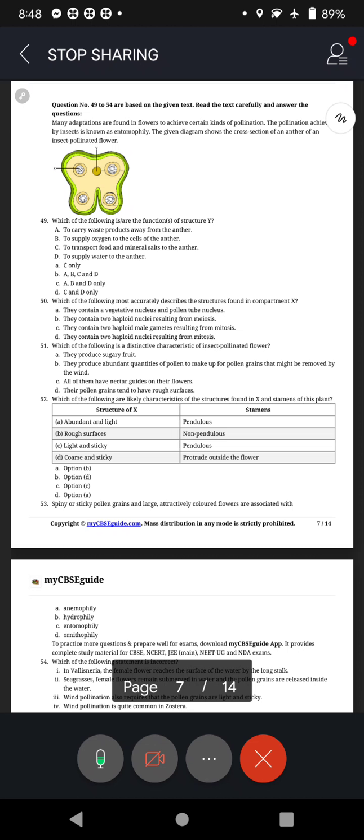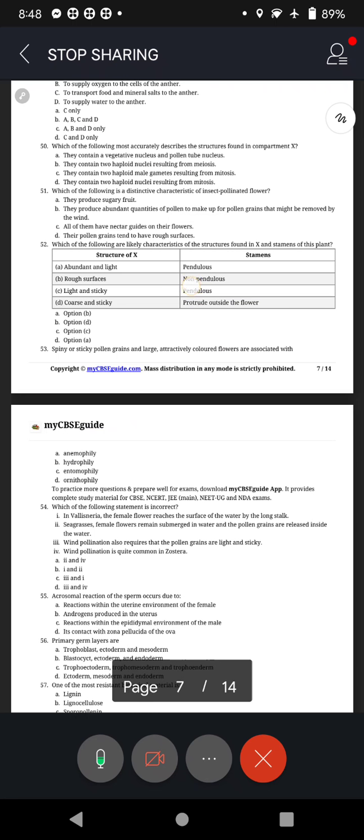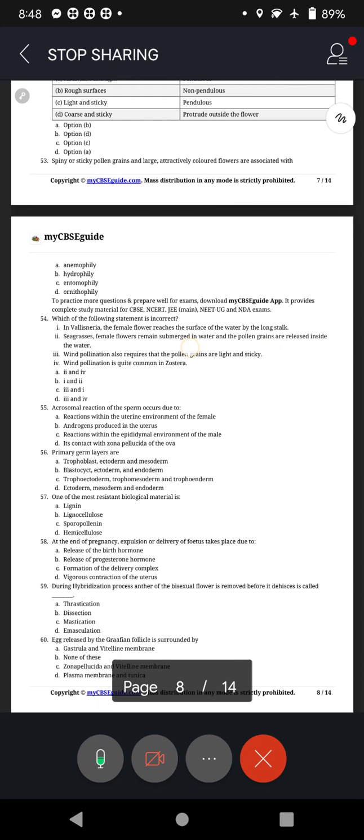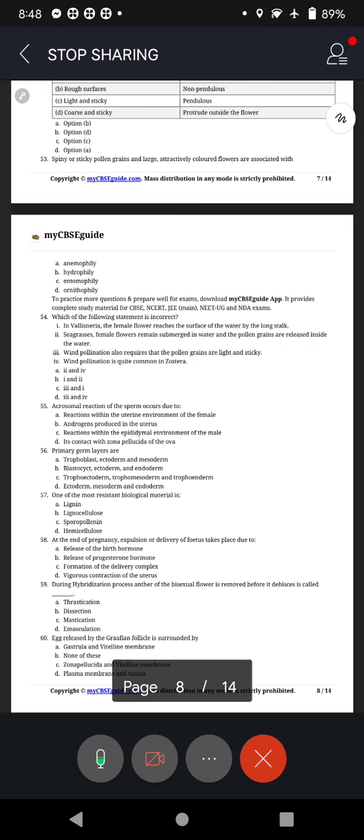Next, question number 53. Spiny or sticky pollen grains and large attractively colored flowers are associated with. Now, attractively colored flowers, clue.